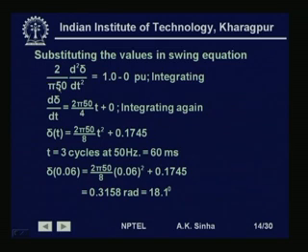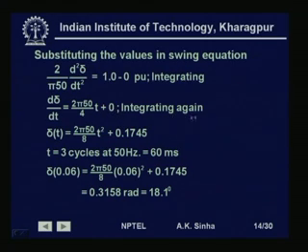So, twice pi into 50, and this becomes 2 into 2, 4, and when we take this on this side, then we have d2 delta by dt2 is equal to 2 pi 50 by 4 into 1. Now, integrating this, we will get d delta by dt is equal to 2 pi 50 by 4 into t plus 0, because d delta by dt at 0 plus we have seen as 0. So, the constant of integration here is 0.